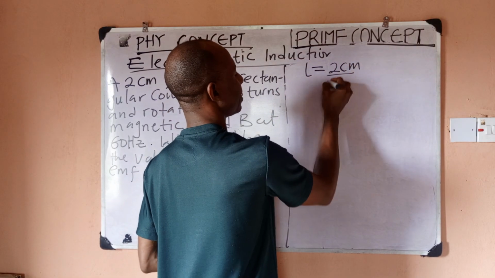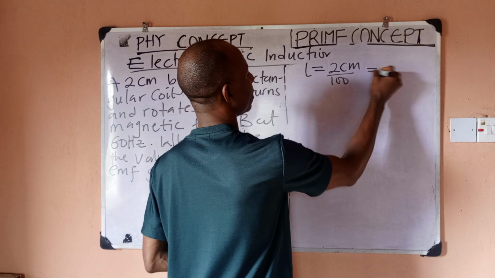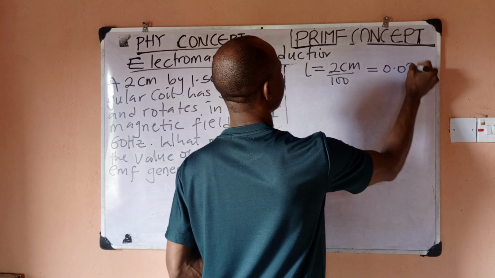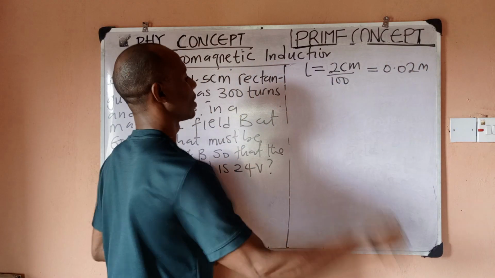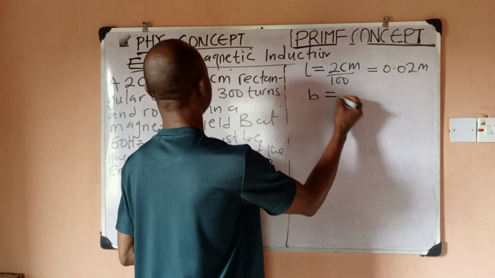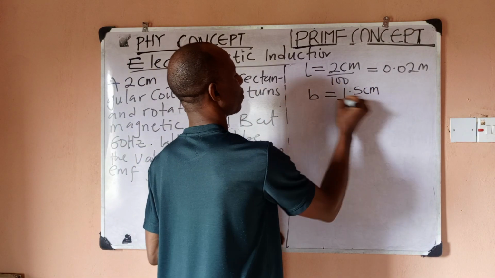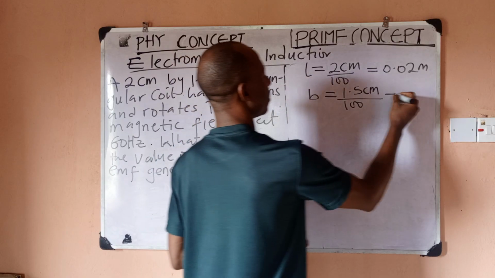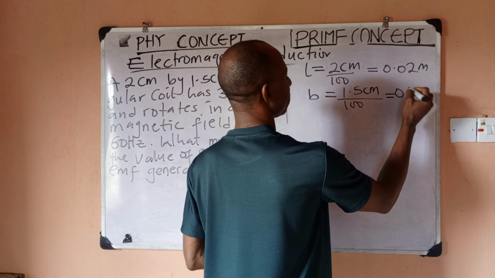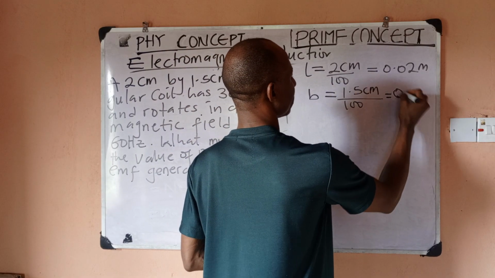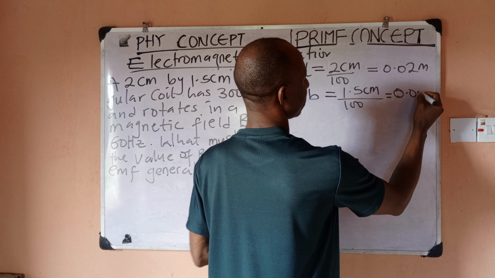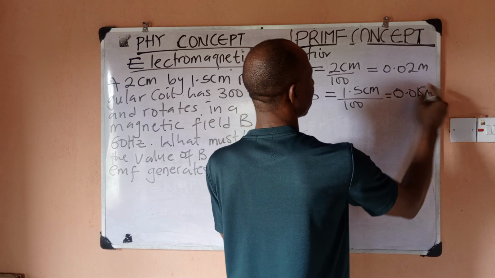I have to divide this by 100, which gives me 0.02 meters. Then my breadth is 1.5 cm. I will divide this again by 100, which gives me 0.015 meters.